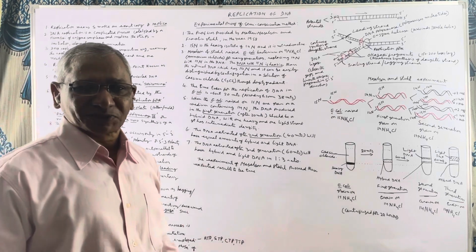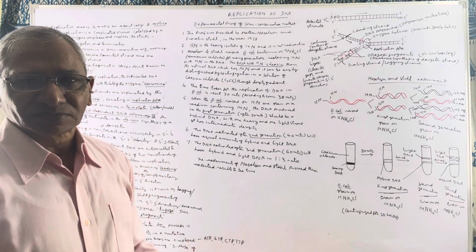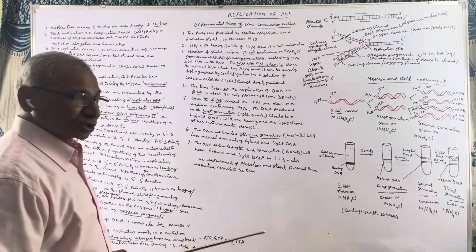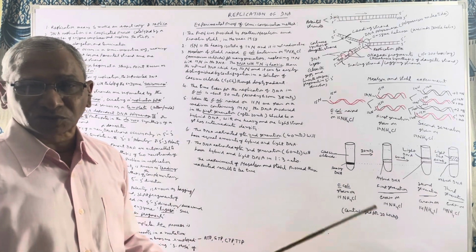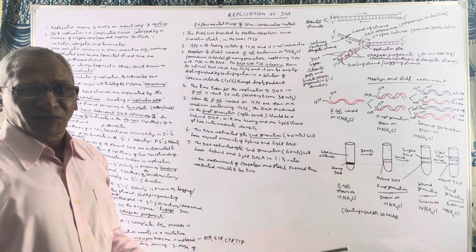These are all triphosphates. That means they have a lot of energy. For example, we take ATP. ATP means adenosine triphosphate. Adenosine is one of the nitrogen bases. It occurs in triphosphate form.